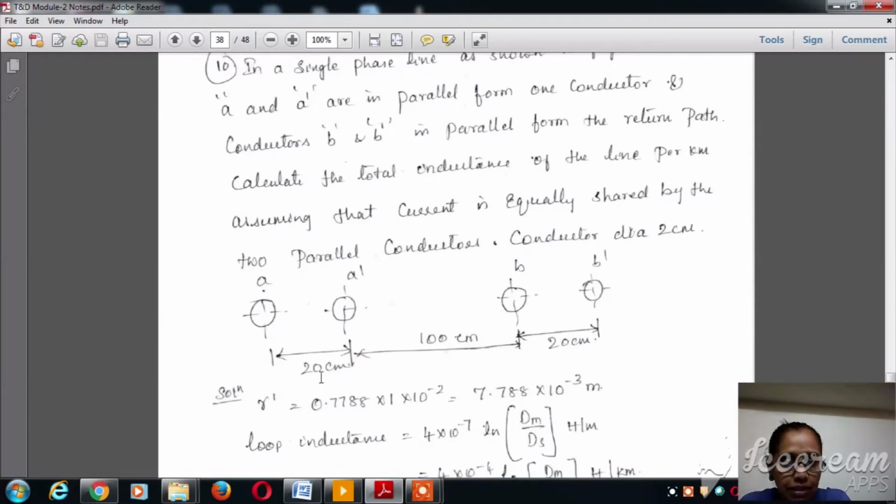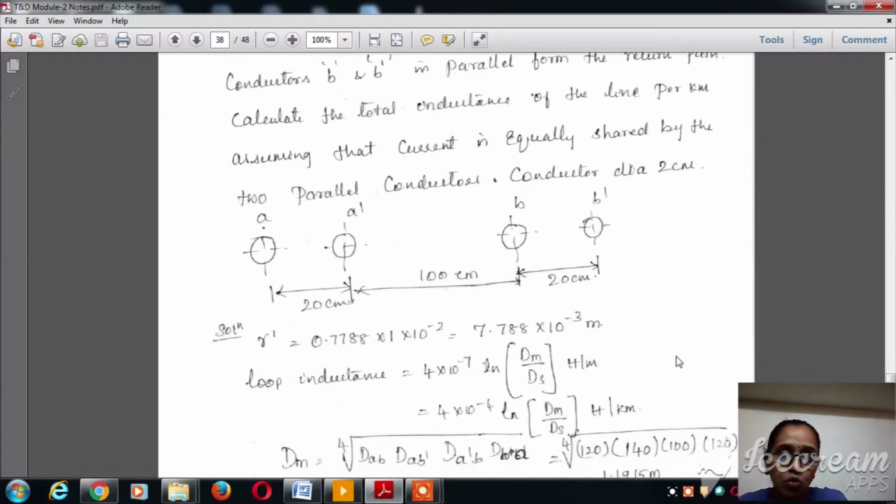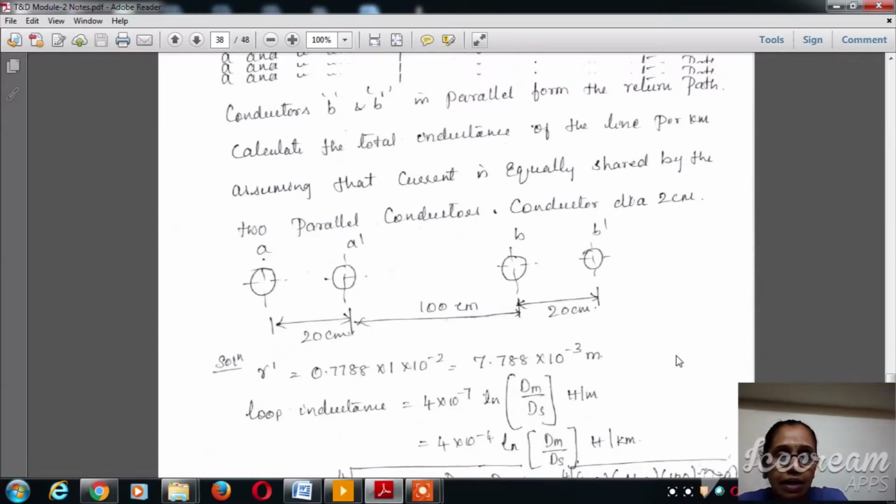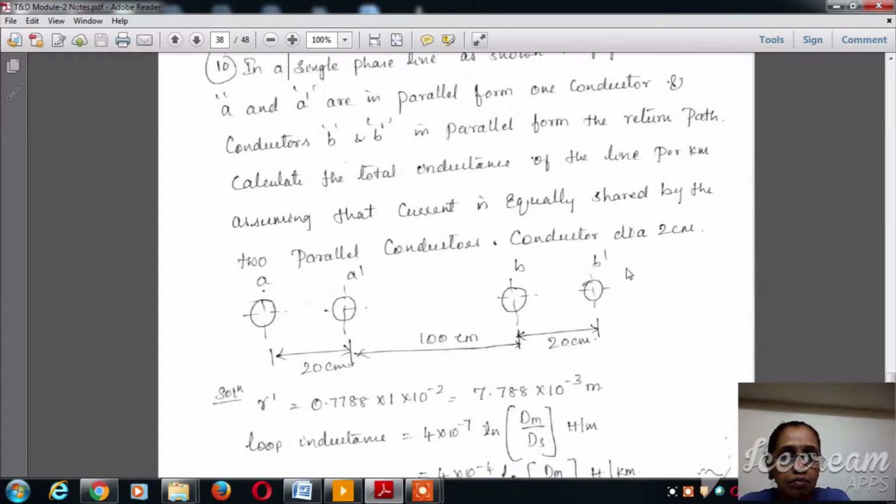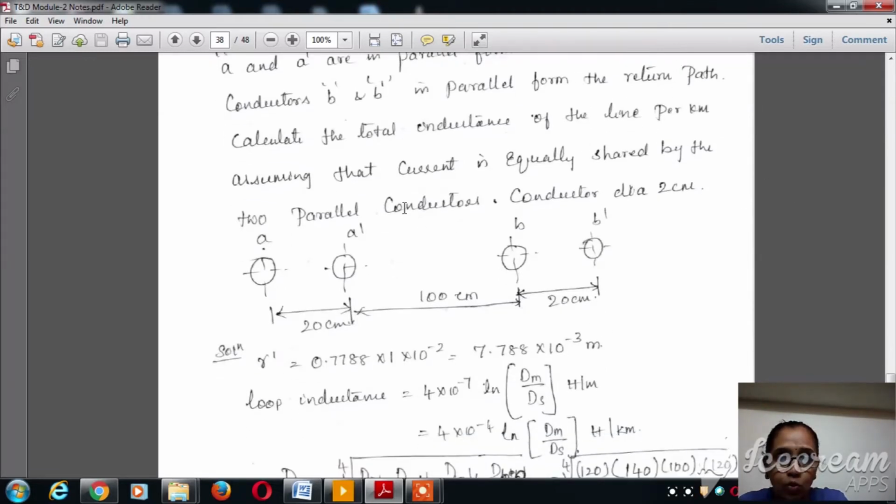In the figure, the distance between A and A dash is 20 centimeters, between A dash and B it is 100 centimeters, and between B and B dash on the same conductor it is 20 centimeters. We are asked to calculate the total inductance of the line per kilometer, assuming that the current is equally shared between the two parallel conductors.